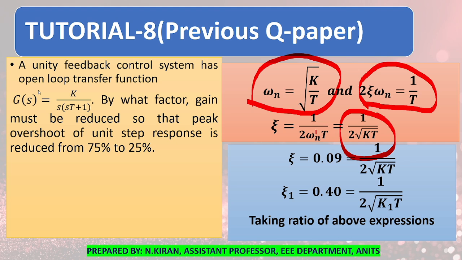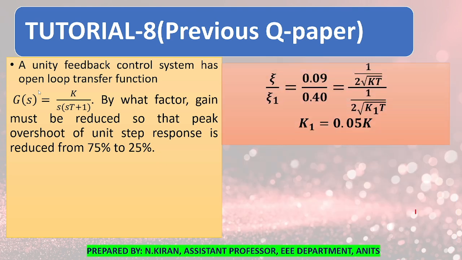In the first case it is zeta, and in the second case it is zeta 1, so I am comparing both the expressions and taking the ratio of these two. That will give me zeta by zeta 1. We have obtained zeta as 0.09 and zeta 1 as 0.40.